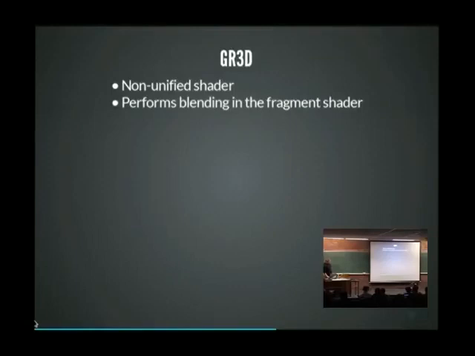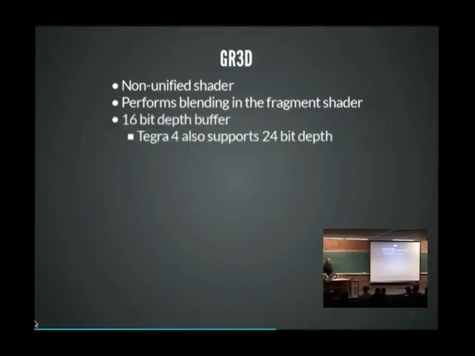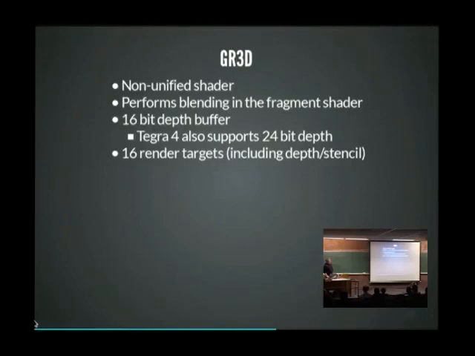And it performs blending in the fragment shader rather than in fixed function circuits, which means that we need to recompile the shaders all the time. It only has a 16-bit depth buffer, but it seems Tegra 4 added support for 24 bits as well. It has 16 render targets, including depth and stencil, which is quite a lot.